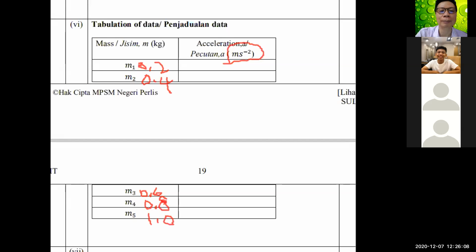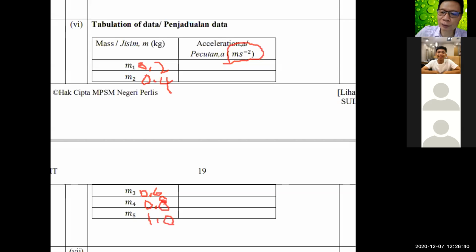Shakira, you are correct. Please see Adi and Shakira's answers. These two are correct. We must plot acceleration against mass. Don't simply plot. If you simply plot, you throw away your 1 mark. It must be the responding variable. In this case, our responding variable is acceleration and the manipulated variable is mass, so it should be acceleration against mass.